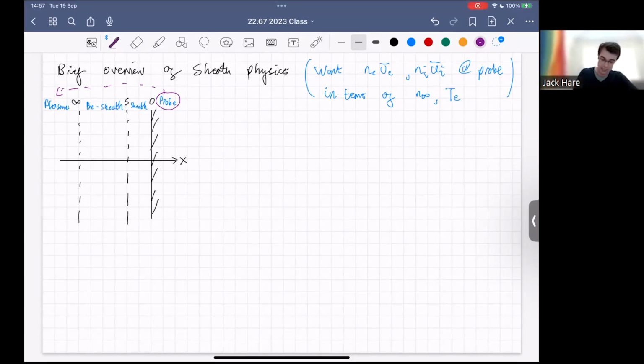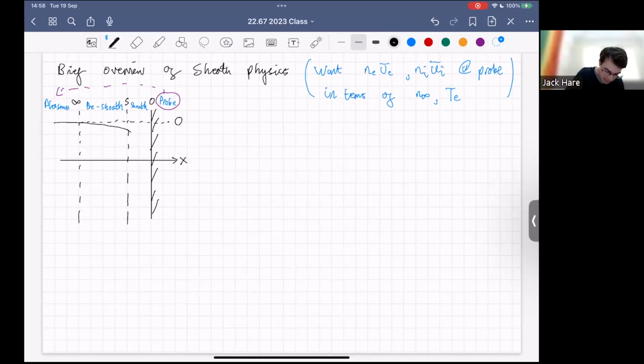So first of all, I'm going to sketch the voltage. This voltage is going to be flat in the plasma, and it's going to have a value of 0. We are just defining the voltage in the plasma as 0, because that's our reference voltage. The voltage is going to drop off ever so slightly in the pre-sheath. I'm really exaggerating, but it's going to drop off a little bit in the pre-sheath.